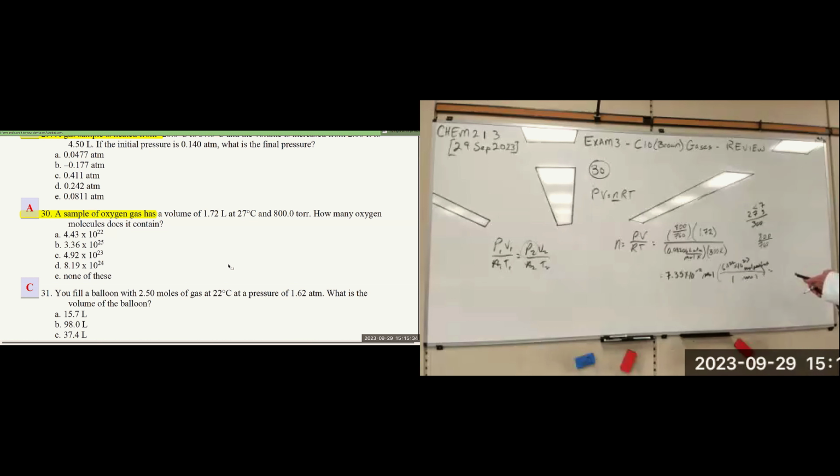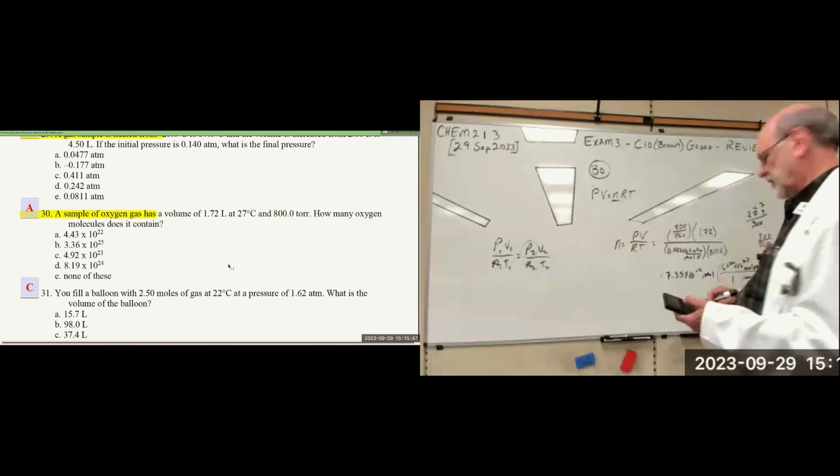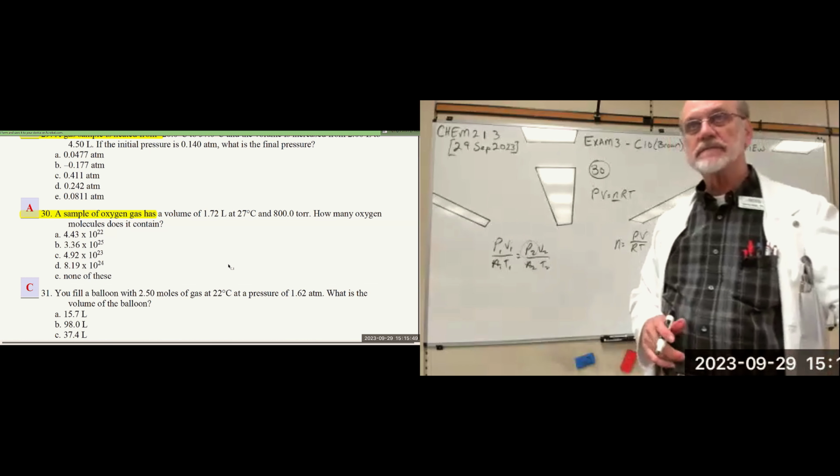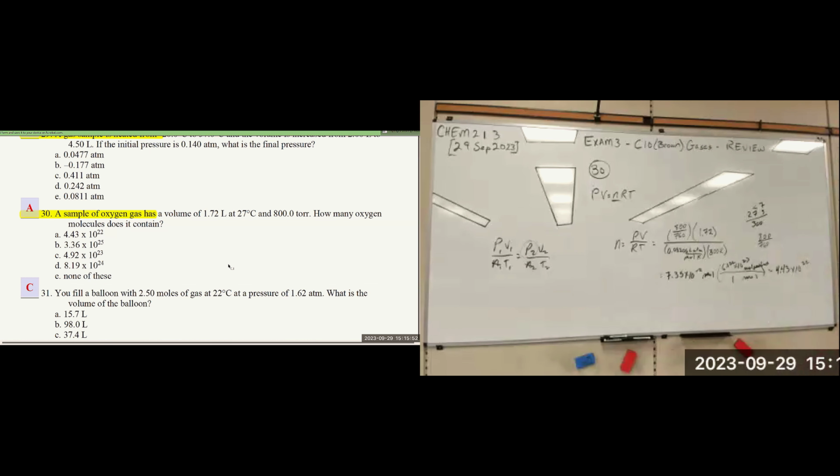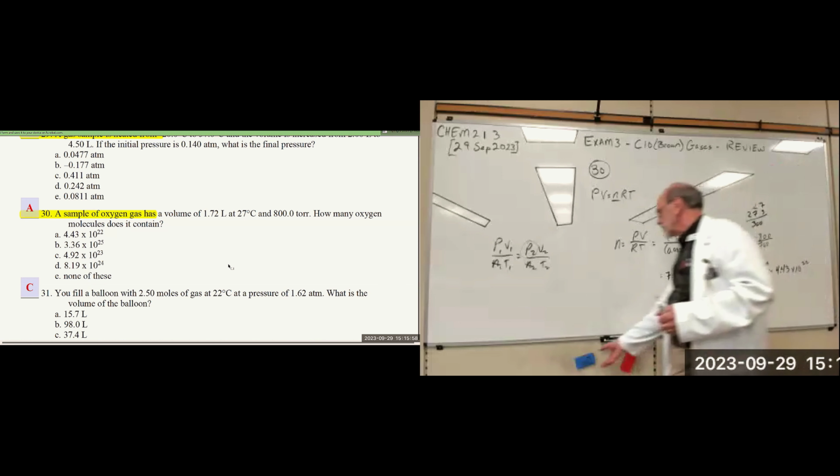And let's see, round it off to 3 significant figures, I think. 4.43 times 10 to the 22 molecules of oxygen. That's A. Okay. All right, that was number 30.